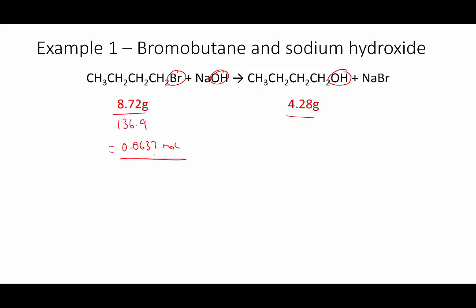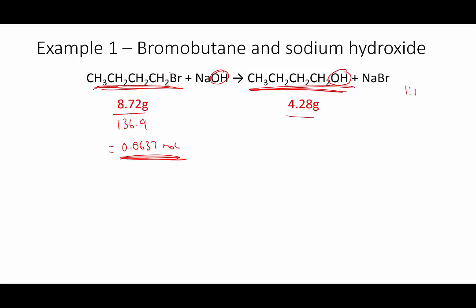So that is the moles of this reactant here. Let's have a look at the stoichiometry of the haloalkane, or halogenoalkane, to the alcohol. It's a 1-to-1 ratio. Therefore, the number of moles of the 1-bromobutane is going to equal the number of moles of butan-1-ol also.